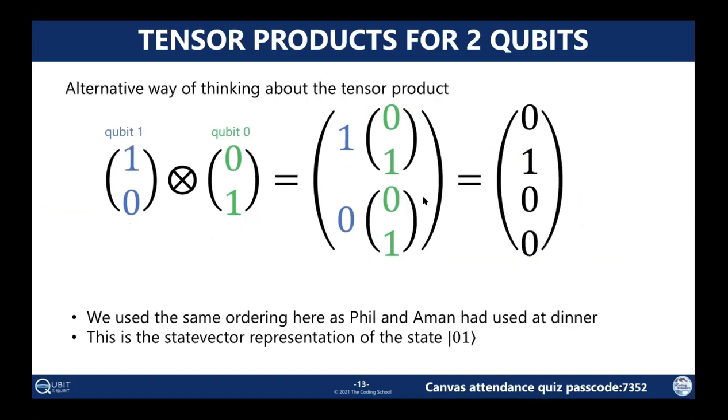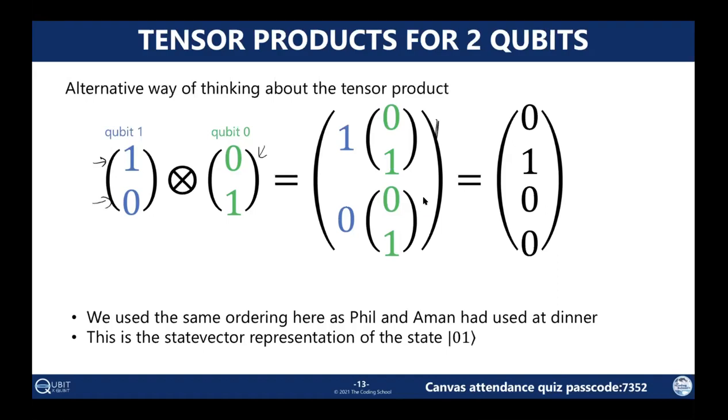If you found that a bit confusing, you can instead think of it as multiplying your 0th row, I'll call it the first row, of qubit 1 times the entire vector of qubit 0, and that creates your first 2 rows of your 2-qubit state vector, which you can see here.